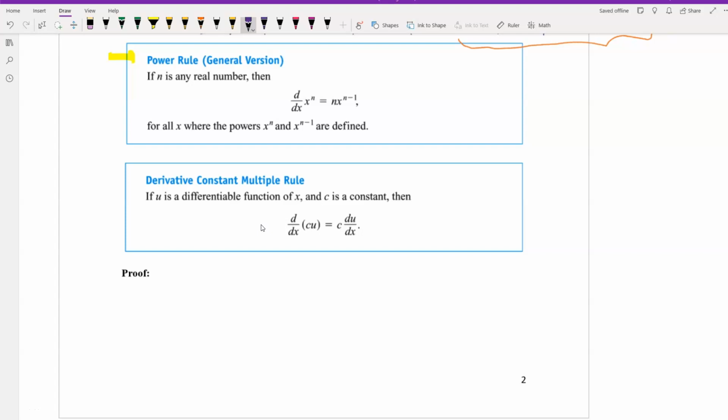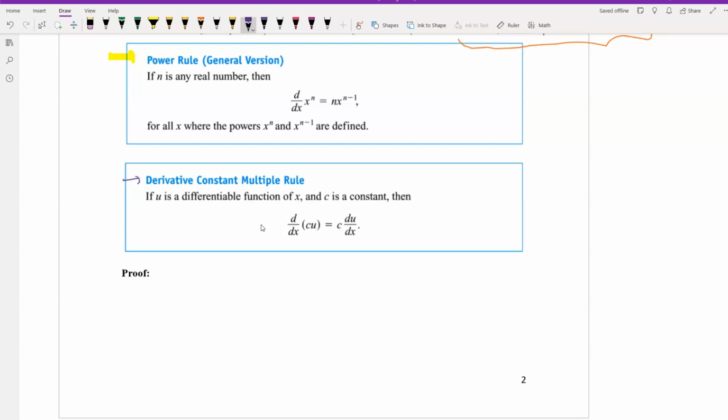Derivative constant multiple rule. If u is a differentiable function of x and c is a constant, then the derivative with respect to x of c times u, so c is our constant, is equal to c times the derivative of u with respect to x.